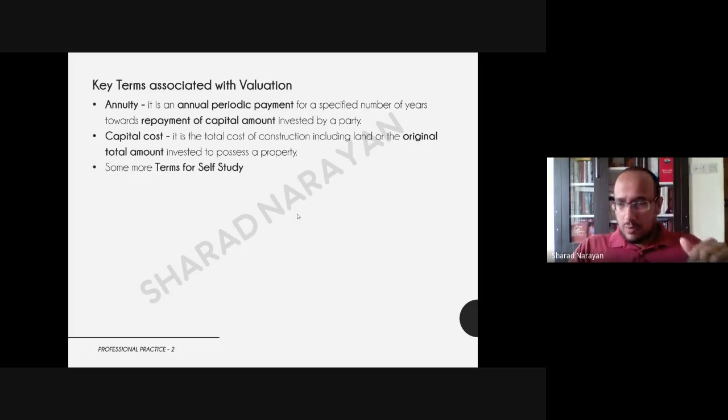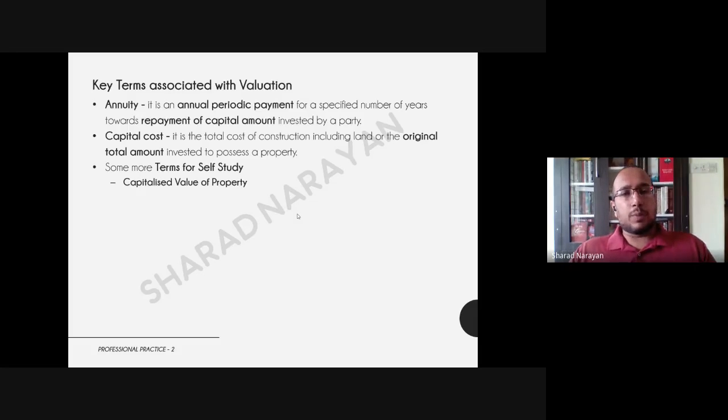There are a few more terms for self-study which we are going to leave to you as an assignment. It will be a part of your consolidated assignment, which will be given at the end of today's presentation.